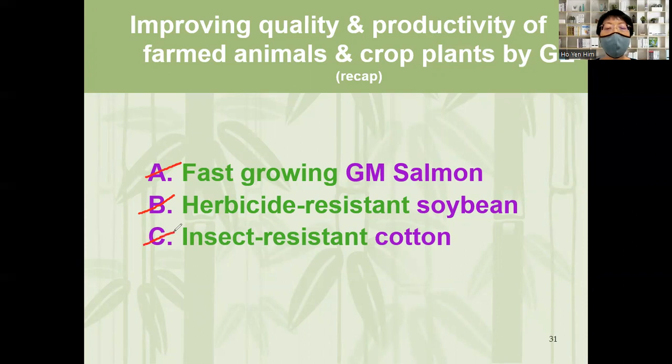We can also produce insect-resistant cotton, so that when the bollworm starts to feed on the cotton, it will die. Or when the European corn borer starts to feed on the plant, it will die. So it is a very powerful tool to improve the quality and the yield of farm animals and crop plants.